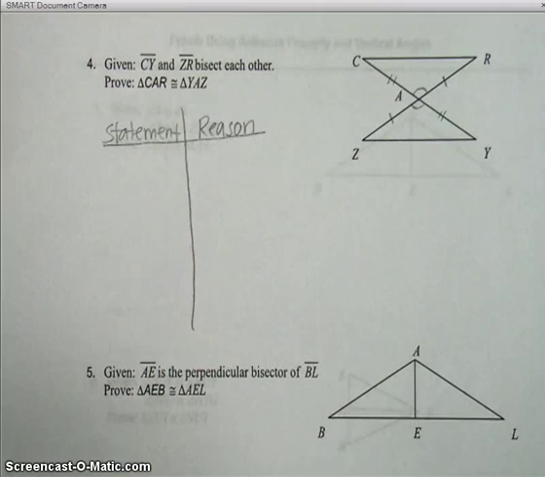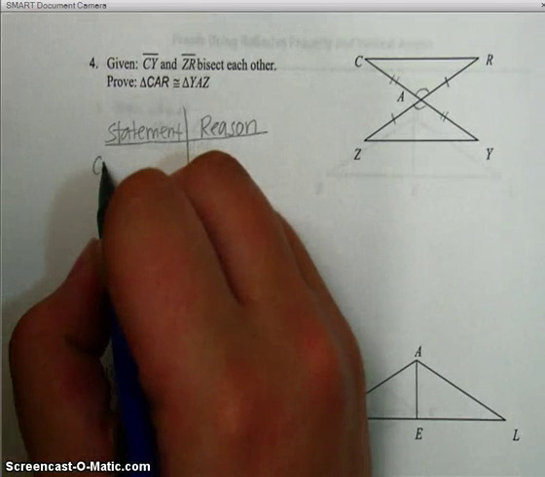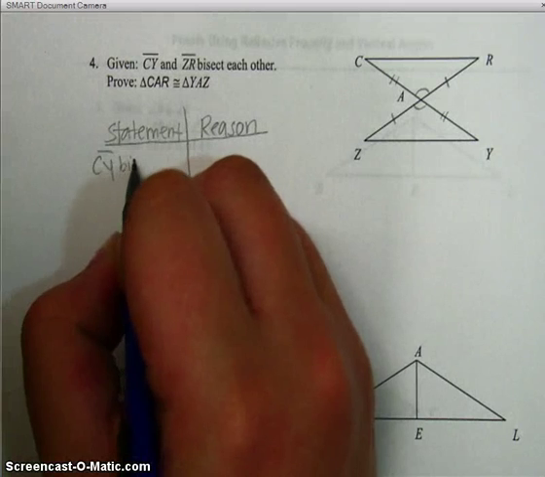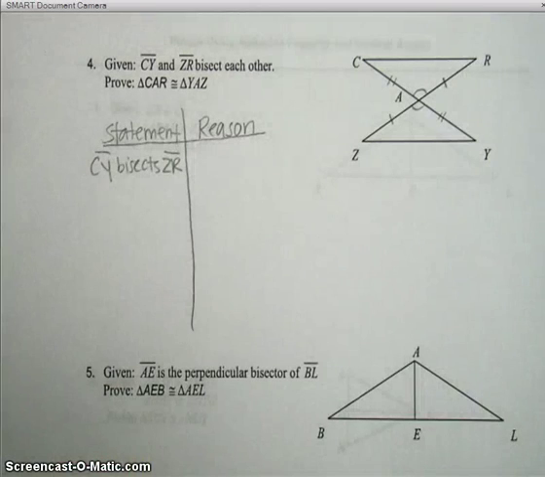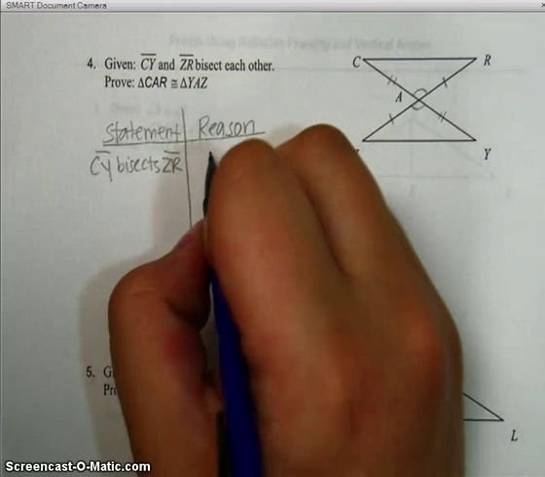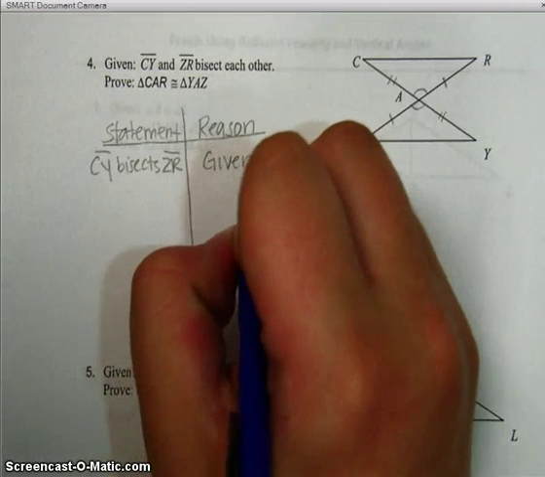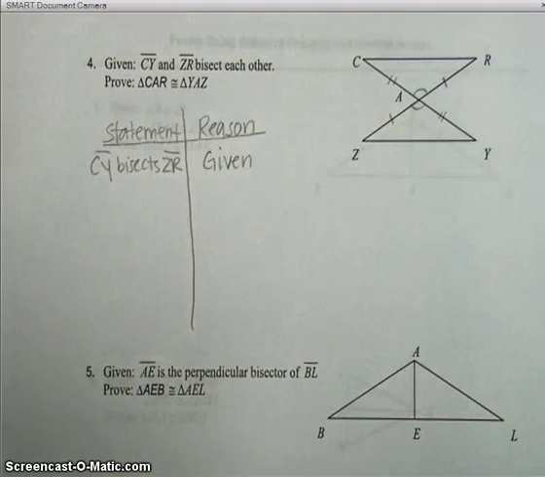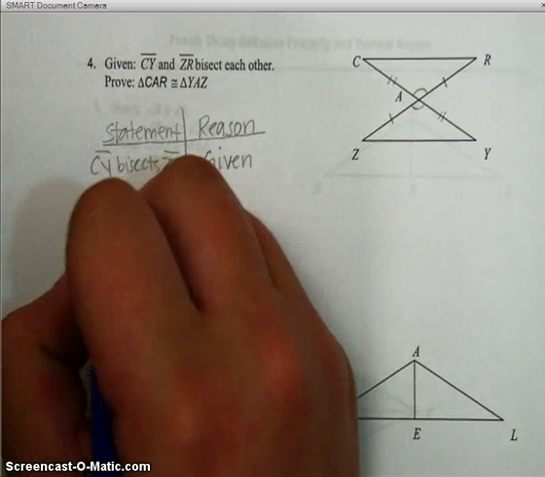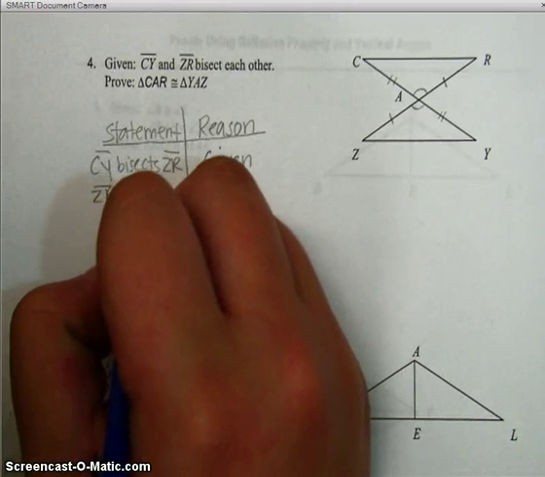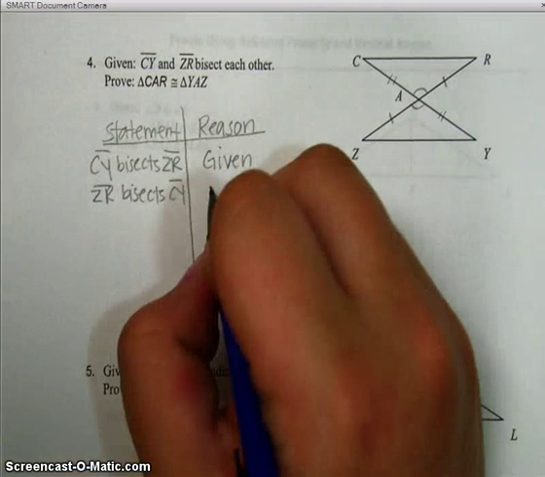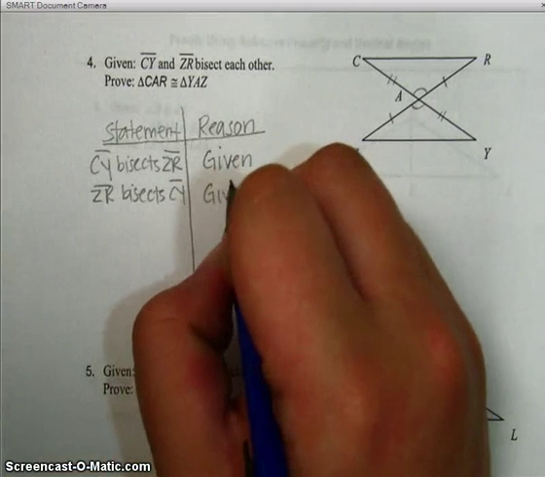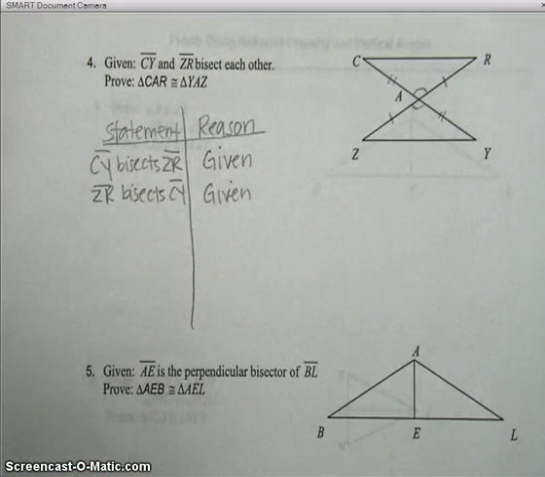Okay, so we can start with what we're given. We know that CY bisects ZR, and that's a given. And we can also go ahead and put that ZR bisects CY. And that's also a given. Then we can look at what we know from that.